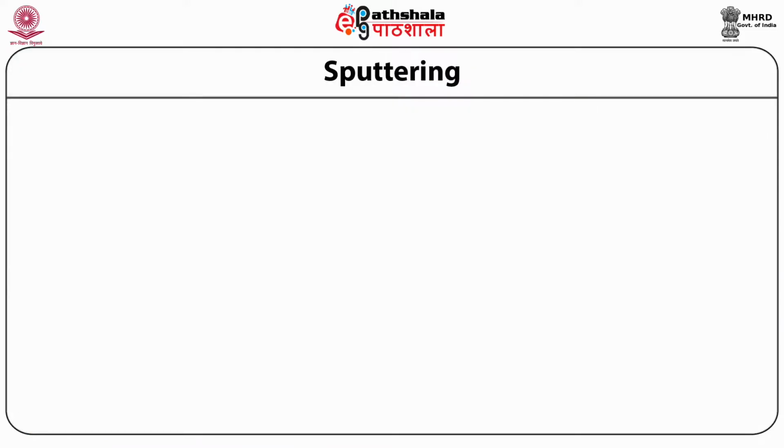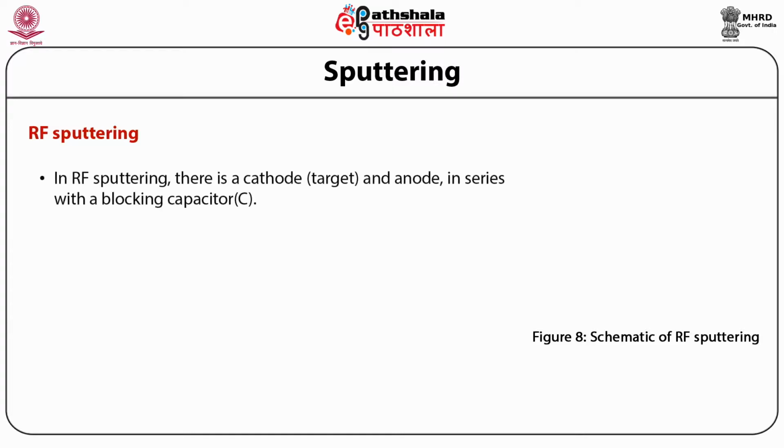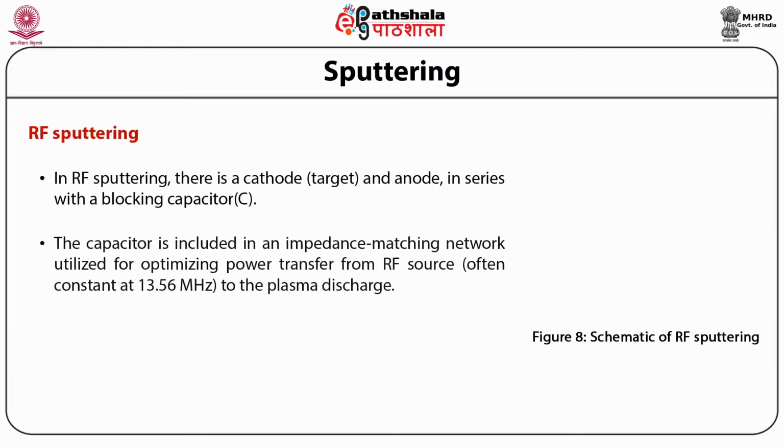Next type of sputtering is RF sputtering. This figure shows a schematic of RF sputtering. In RF sputtering, there is a cathode, that is a target, and an anode in series with a blocking capacitor C. The capacitor is included in an impedance matching network utilized for optimizing the power transfer from the RF source, often constant at 13.56 MHz, to the plasma discharge.